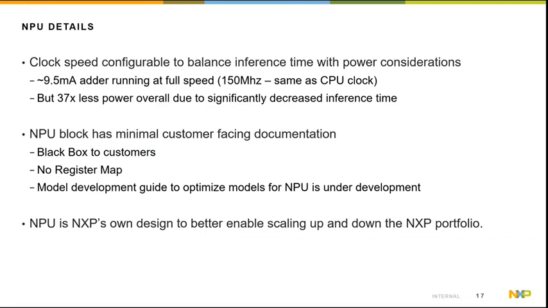A bit more details. The clock speed is configurable to balance inference time with power considerations. If you turn this on, it's going to add about 9.5 milliamps to your current, which is quite a large percentage. Running CoreMark is about 27 milliamps, so it does add quite a bit.